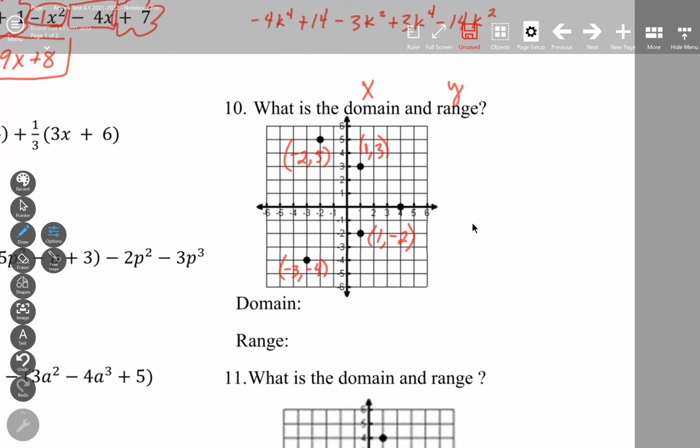All right, so domain. For my domain, I'm just going to get all of the x values. And you're going to go from least to greatest, so you're going to start going from the left to the right. So for domain and range, starting from the left.